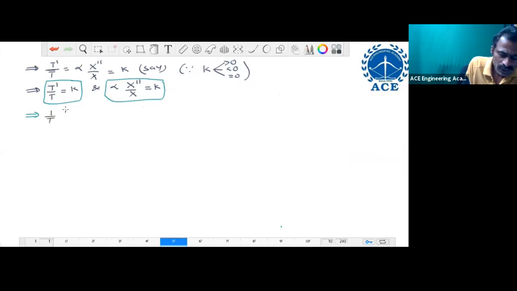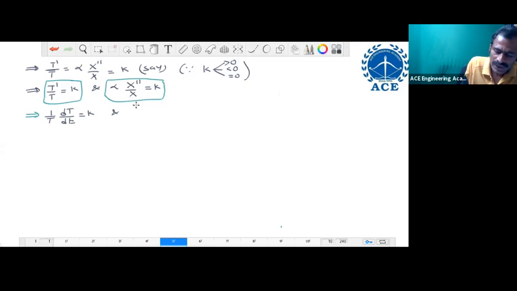1 by T into dT by dt equal to k. Because T dash means dT by dt, into 1 by T equal to k.